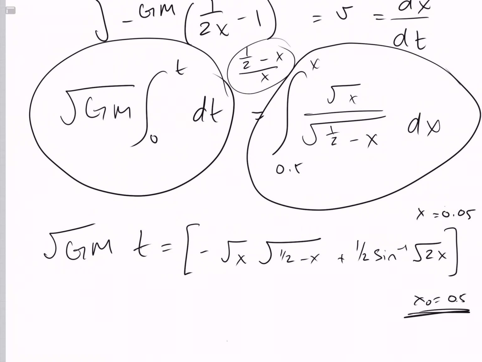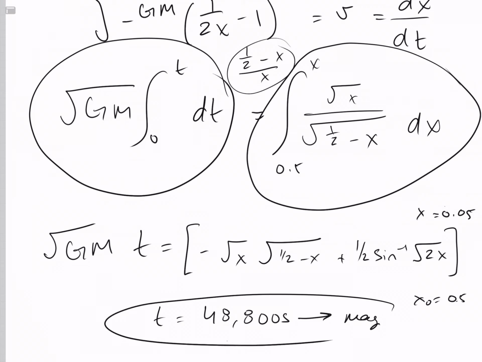Now we're going to put these values in here and here, and we can solve for t. Plug in those values, and then you get that t equals 48,800 seconds. And this is the magnitude of time.